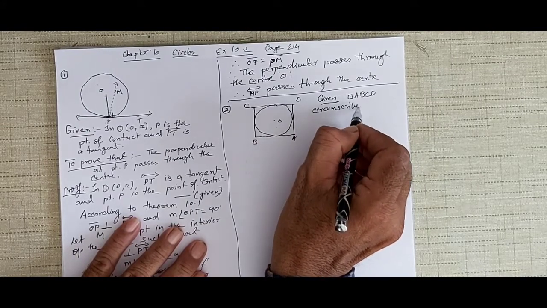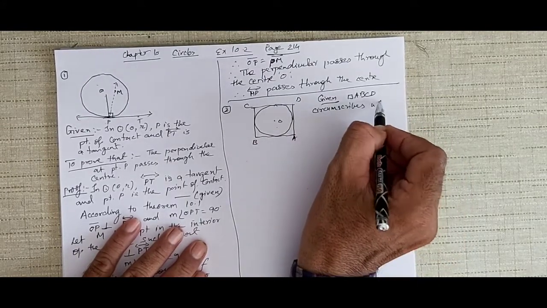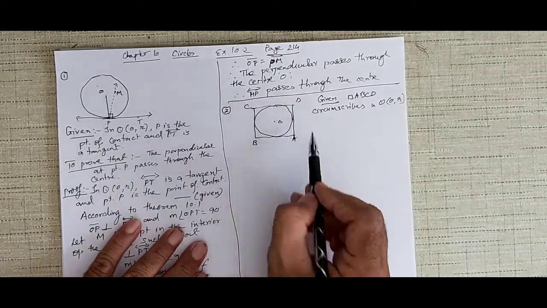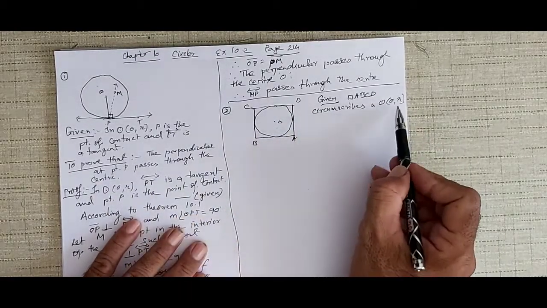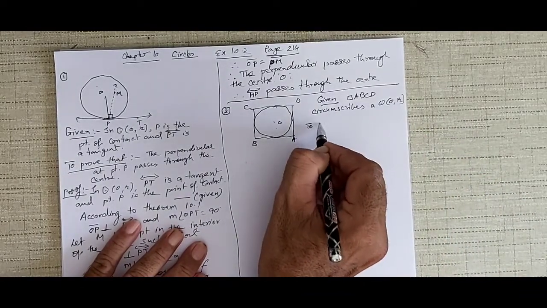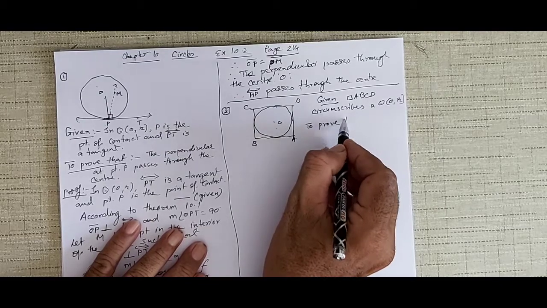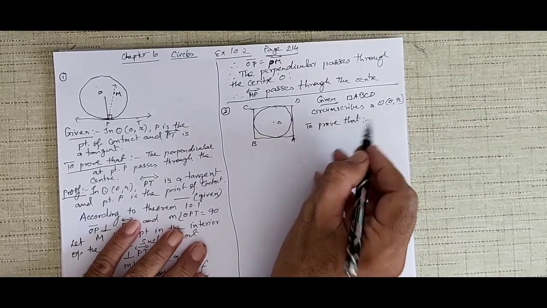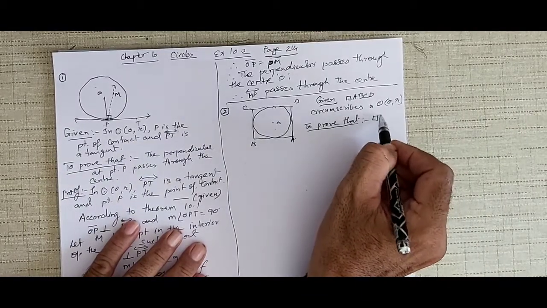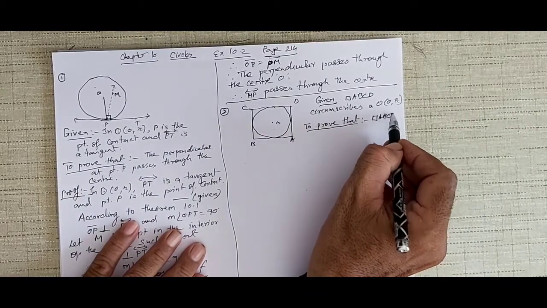Quadrilateral ABCD circumscribes a circle with center O and radius R. Now what are we to prove? That quadrilateral ABCD is a rhombus.